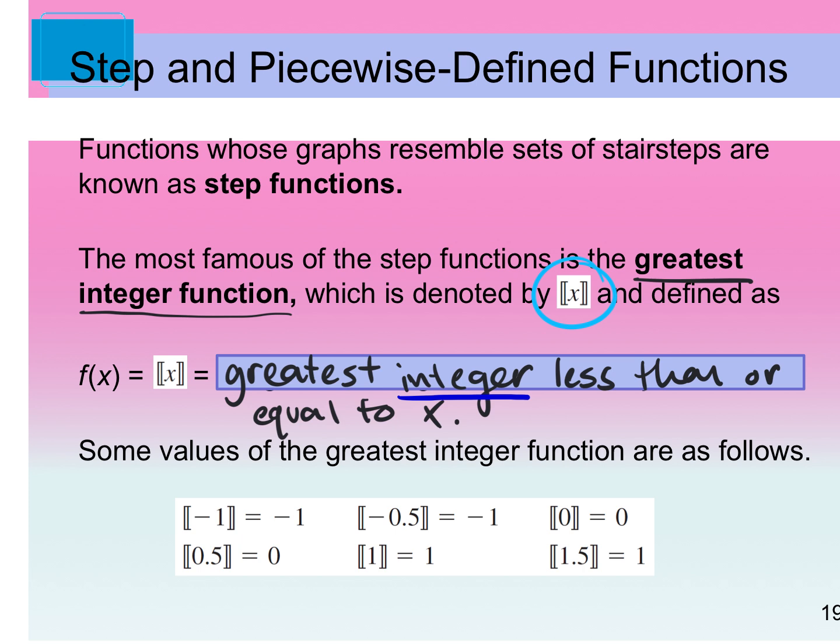So integer means that it is a whole number. So whatever's in our bracket, we're looking for the nearest whole number that is less than that. So we can't go over it.